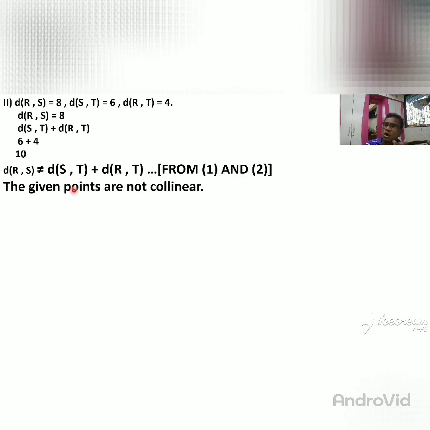So they are called not collinear and no betweenness. Do you understand why it is not collinear? Because the sum of distance S comma T and distance R comma T is 10 and distance R comma S is 8. So those two are not equal. So it is not collinear and not between. Okay, we are going to see the diagrams here.